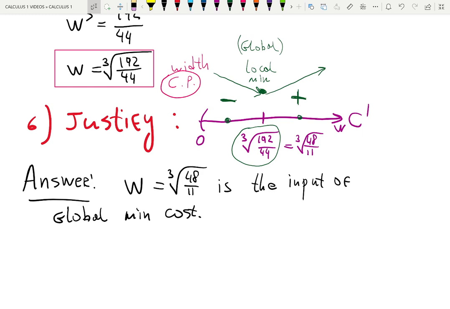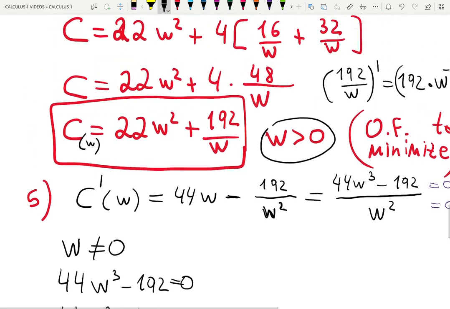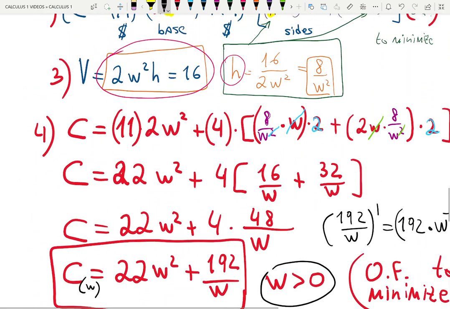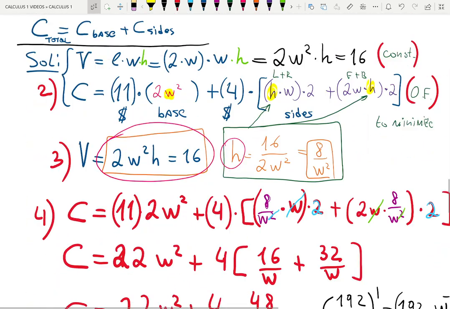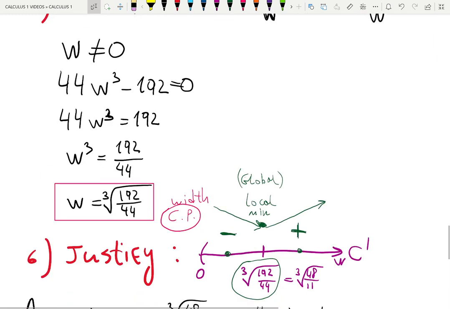You know, length is twice more than that, right? Remember that length is twice longer than width. Height can be found from the relationship we have from the constraints. Height is 16 over 2w. No, height is simplified to 8 over w squared.